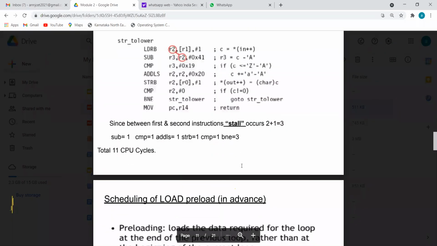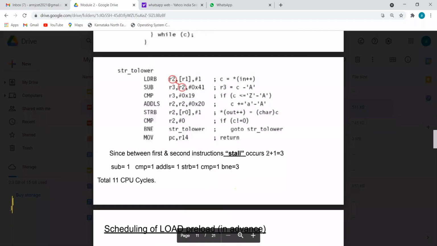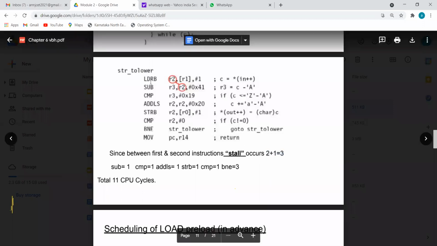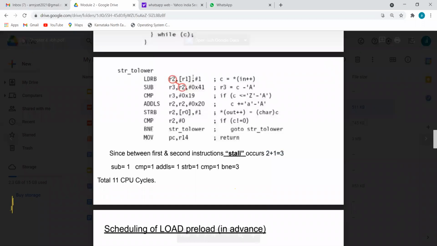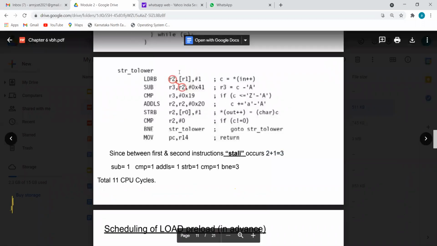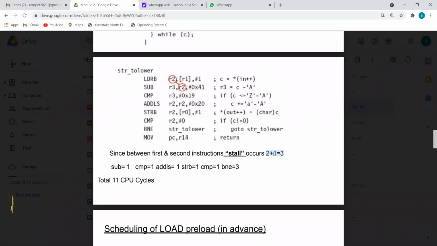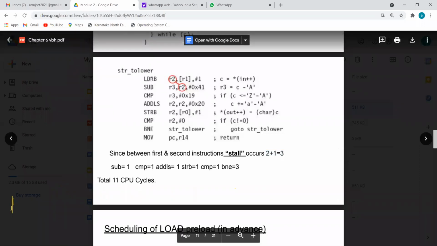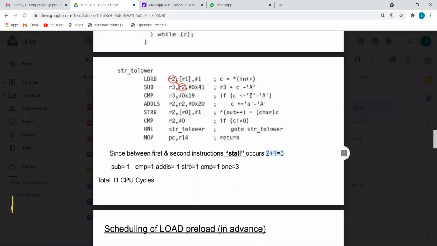If a stall occurs, we get 1 for LDRB, because it's a byte, plus 2 for the stall. Hence, total CPU cycles for the very first instruction is 3.